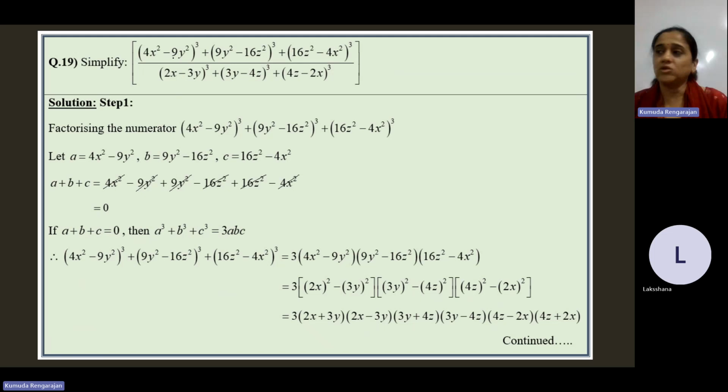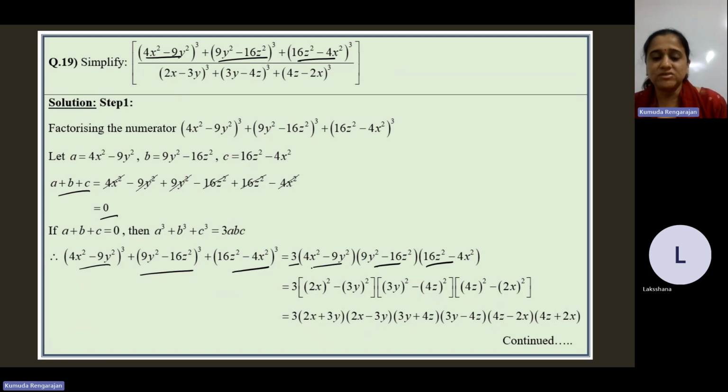Okay. So what is the numerator like? A cube plus B cube plus C cube. So check A plus B plus C. It is 0. So A cubed plus B cubed plus C cubed is equal to 3ABC. But this is further factorizable, right? What is 4x squared? 2x the whole square.